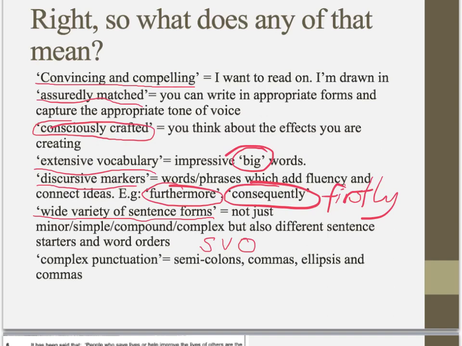Ask your teacher about that, or check out one of my other tutorials. It's a different topic, but you're showing complexity and range.